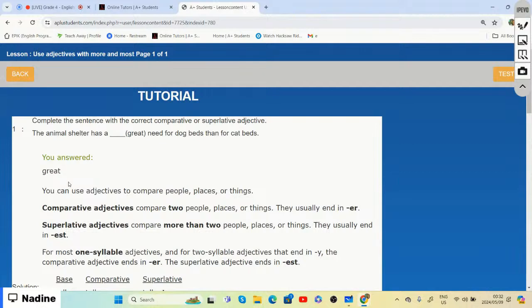So now we are mainly focusing on adjectives with more and most. Remember, when we do a specific chapter, we do one or two lessons, and then we maybe continue in the next session.